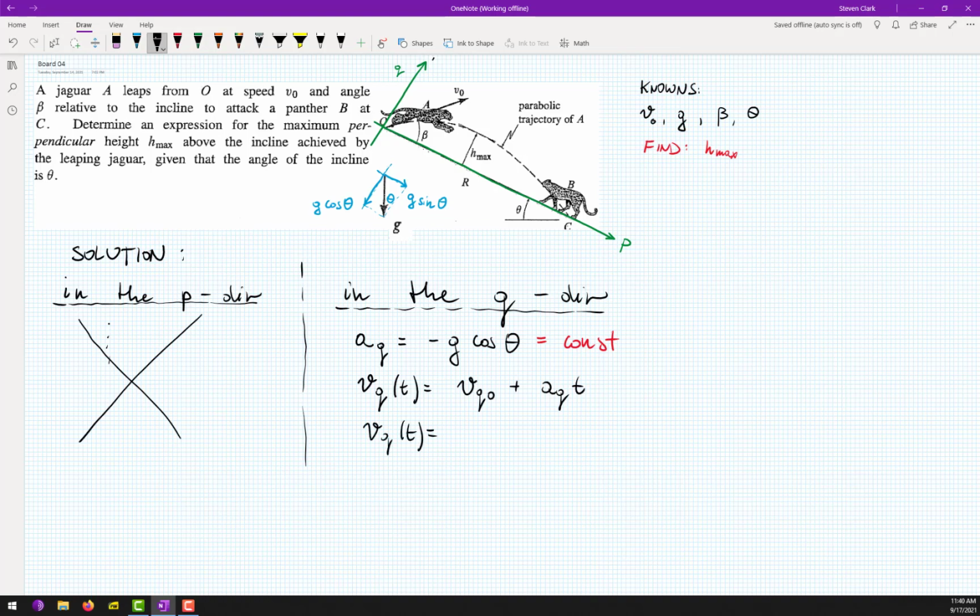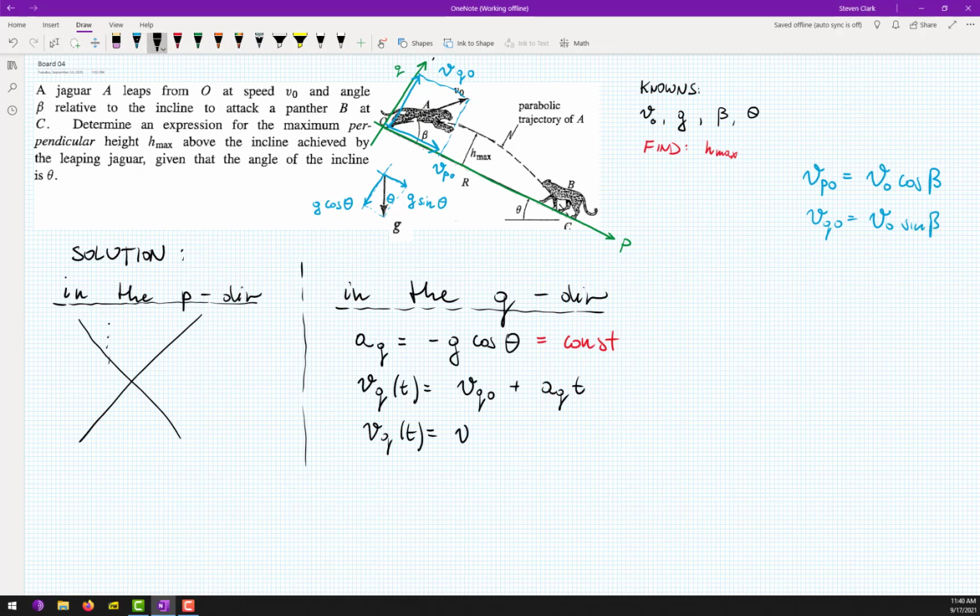I have to do those projections: I must project V on this direction, and on this direction. So I will have VP0 and VQ0. VP0 will be V0 cosine beta, and VQ0 will be V0 sine beta.